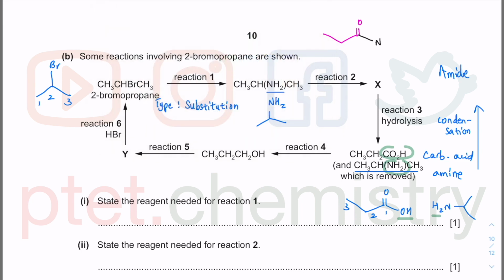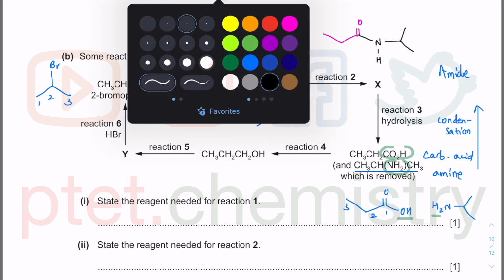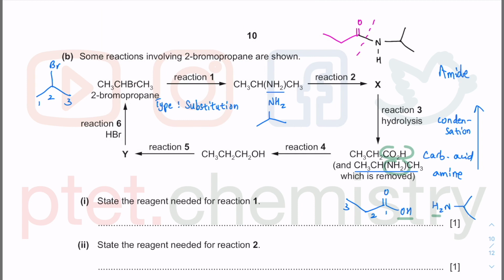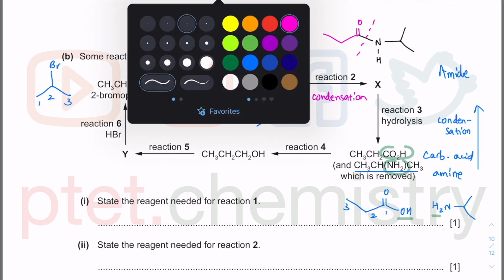So N and then H and then like this. So this is the amide bond that I formed in reaction 2. So that must be condensation with this carboxylic acid, and then when I hydrolyse this amide, then I'll get back the 3 carbon carboxylic acid and 2-aminopropane. This is called 2-aminopropane.